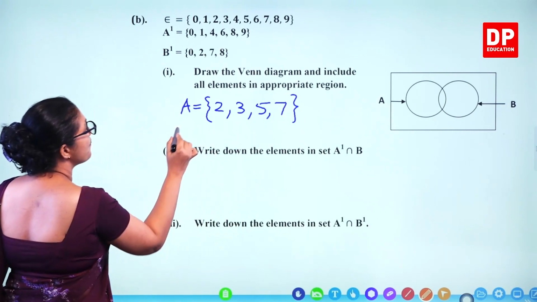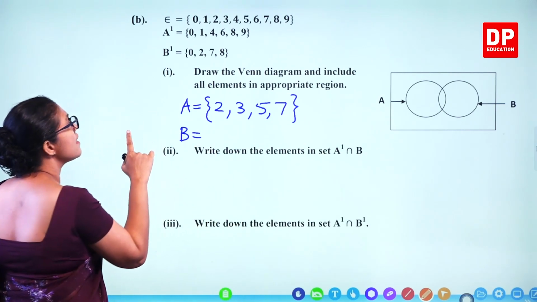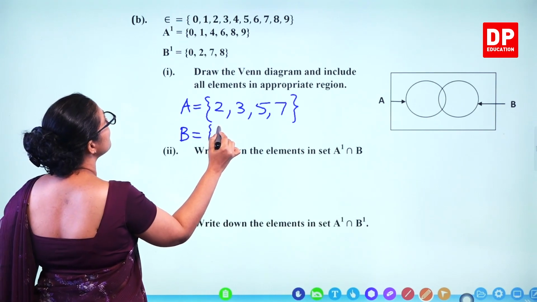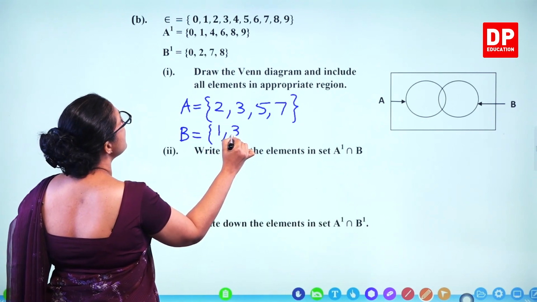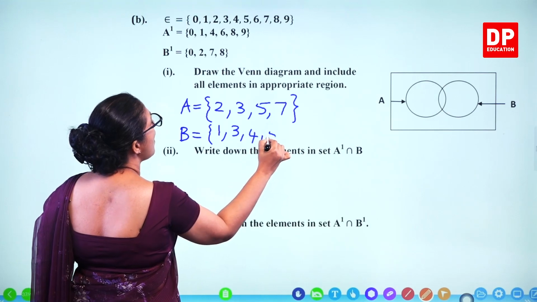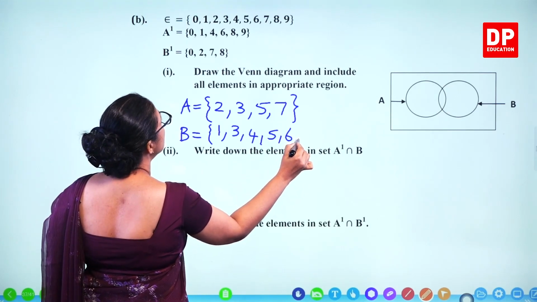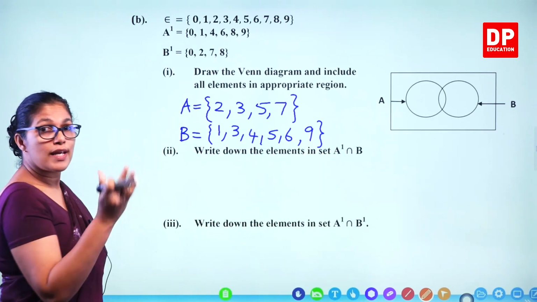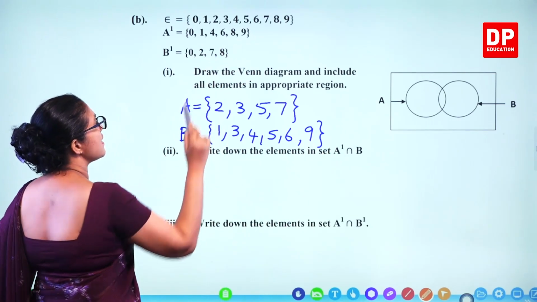So that's A. What's B? B dash is given 0, 2, 7, 8. What's inside then? 1, 3, 4, 5, 6, 9. So you have to take from the entire set.